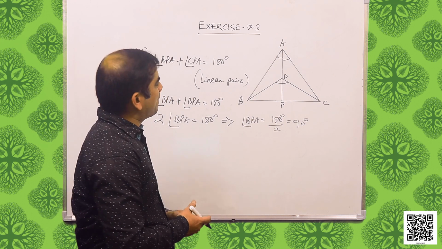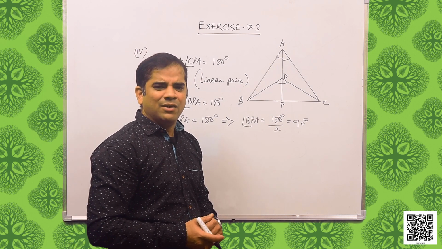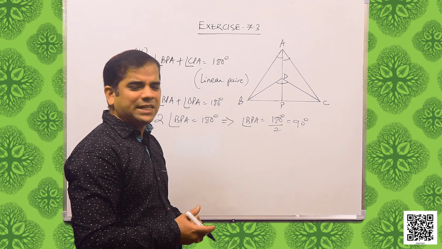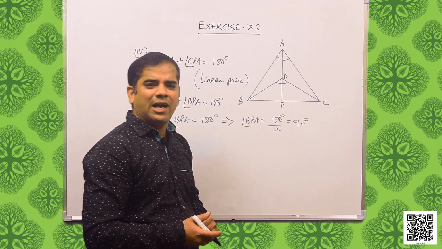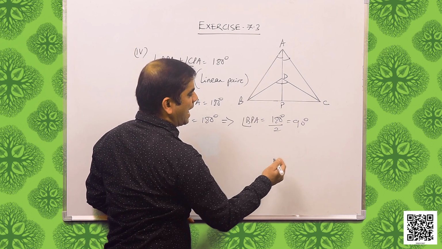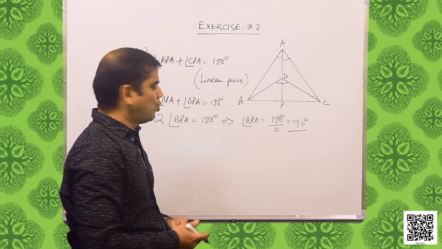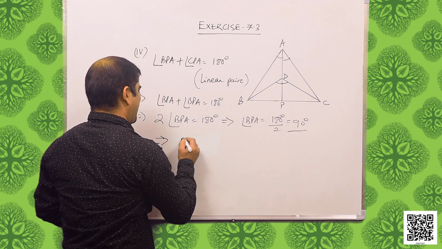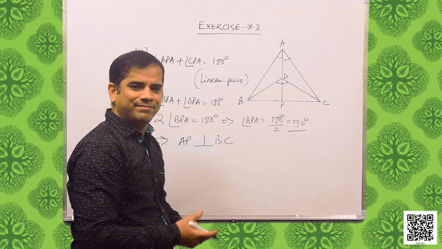So, as we have already proved that BP is equal to CP, and because angle BPA is equal to 90 degrees, AP is perpendicular to BC.